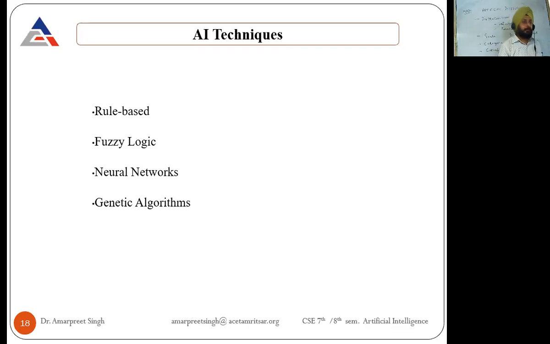Then comes the new concept of fuzzy logic. Fuzzy logic will come into action when there is the concept of uncertainty. So fuzzy logic is the one tool or technique through which we can deal with uncertainty. Life is very uncertain.